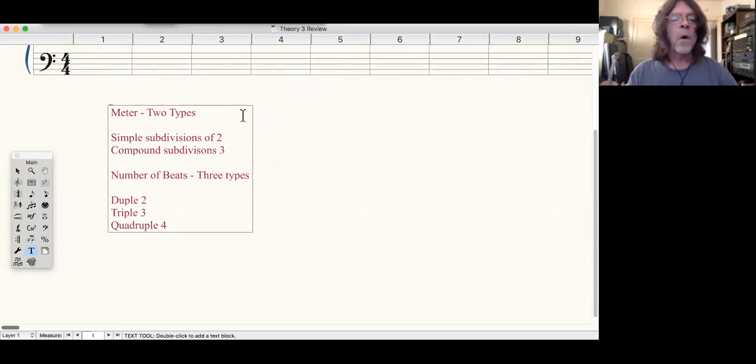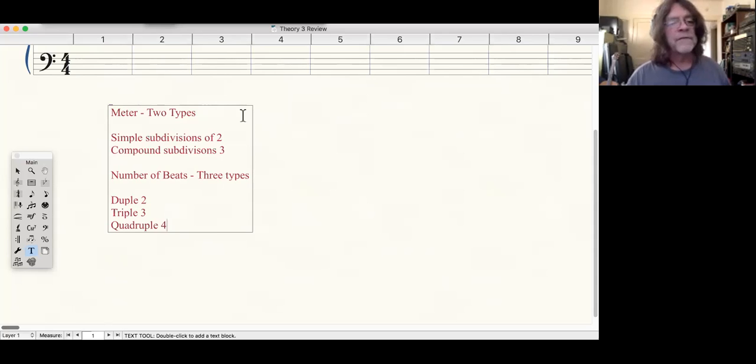So now if I go simple triple, that means I have 3 beats, because triple is 3, and subdivisions of 2. So it's 1 and 2 and 3 and 1 and 2 and 3 and.